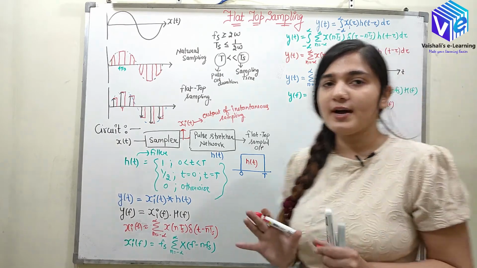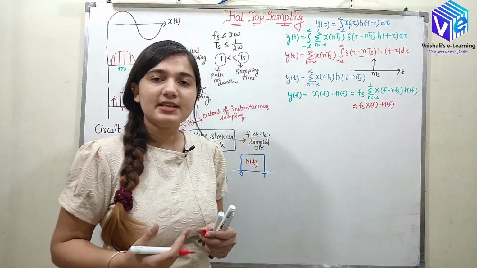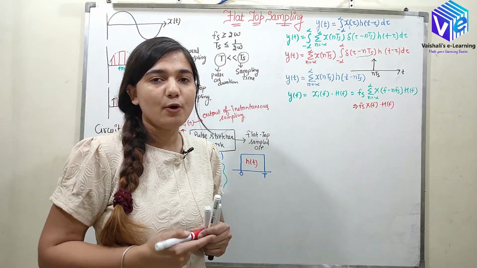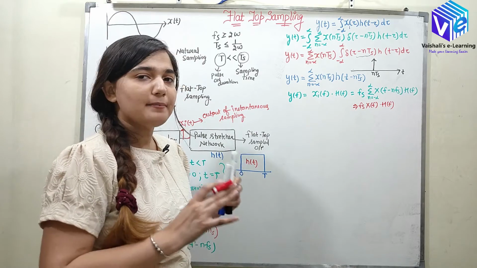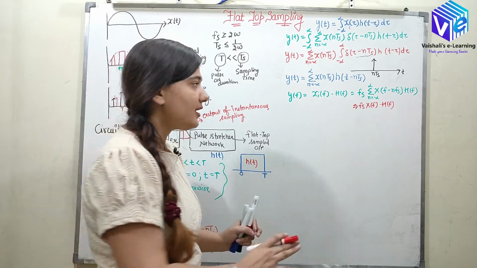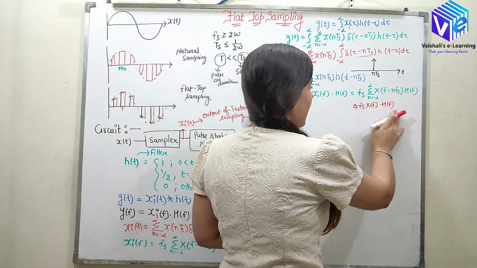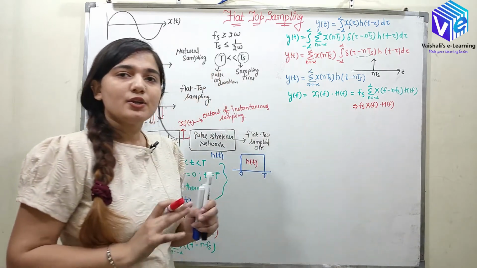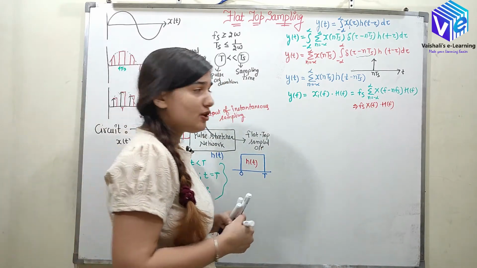So now I hope you are agreeing with me. I hope you all have seen my video where I was talking about the reconstruction. So if I am now using a reconstruction filter and I want to extract, I'll get this output. So now what is h of f?